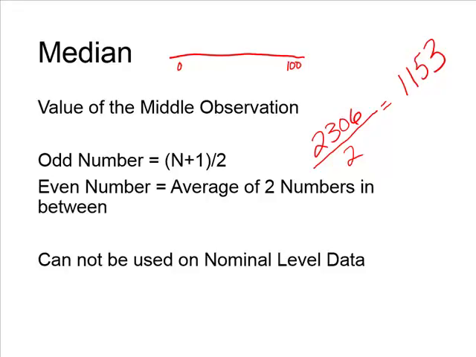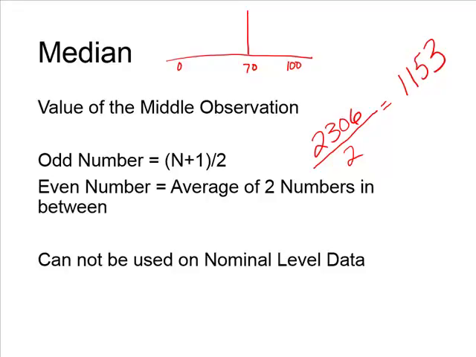The median is actually at 70. That means half of the observations are greater than 70 and half are less than 70. So 70 is the number that the whole group settled around.